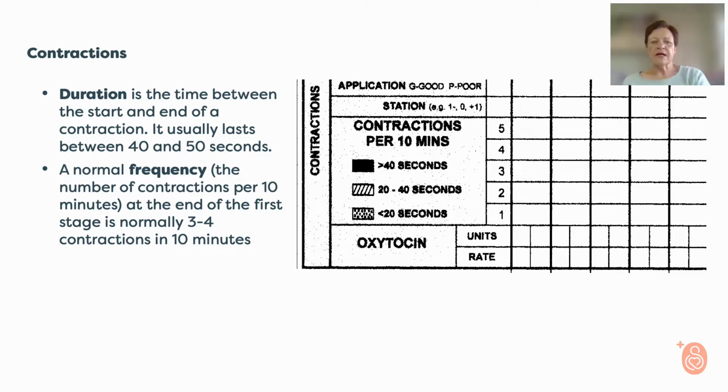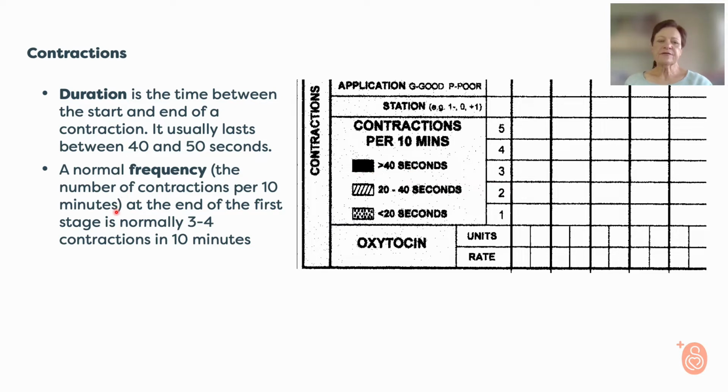So when we look at the duration of the contractions, you will see that there's a scale or a key on the partograph normally to give you an indication on how to record the contractions. If the contractions are short and they are less than 20 seconds long, we only make dots in the block. When it's between 20 and 40 seconds long, we make diagonal line stripes, and when it's longer than 40 seconds long, we color the block.